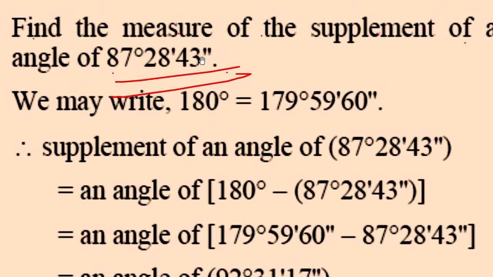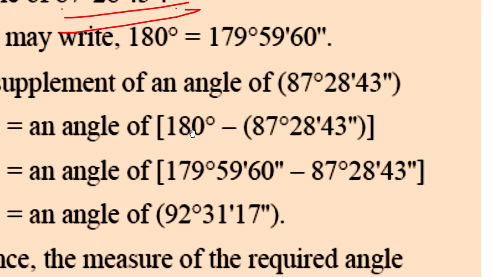So the supplement of this angle is 180 degrees minus this. 180 degrees can be written as 179 degrees, 59 minutes, 60 seconds, minus this. From the same components we subtract: 179 minus 87 is 92 degrees, 59 minutes minus 28 minutes is 31 minutes, 60 seconds minus 43 seconds is 17 seconds.